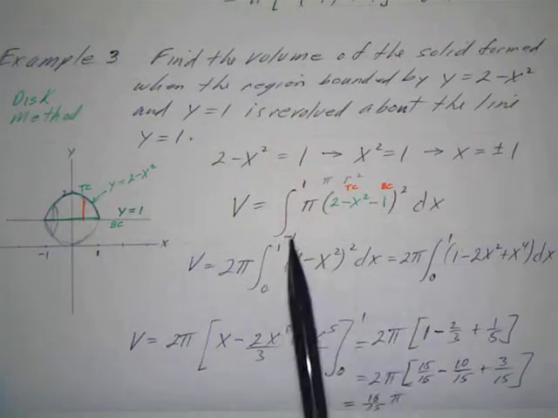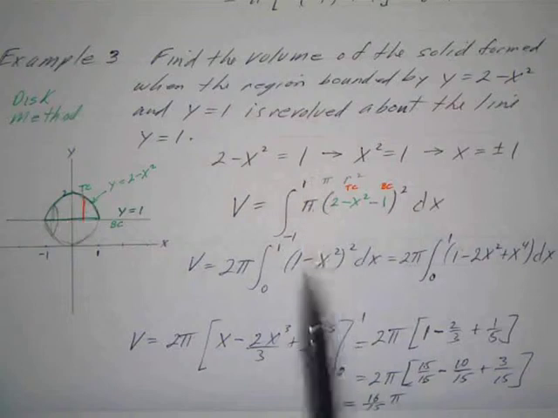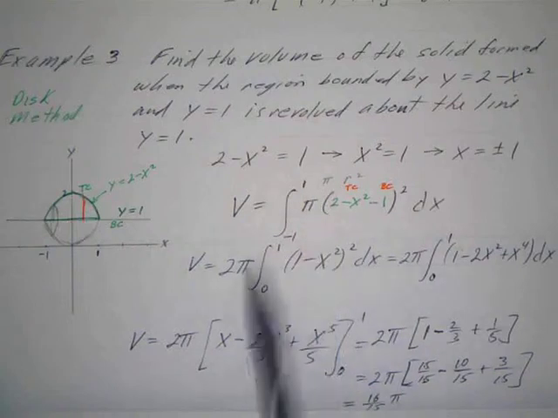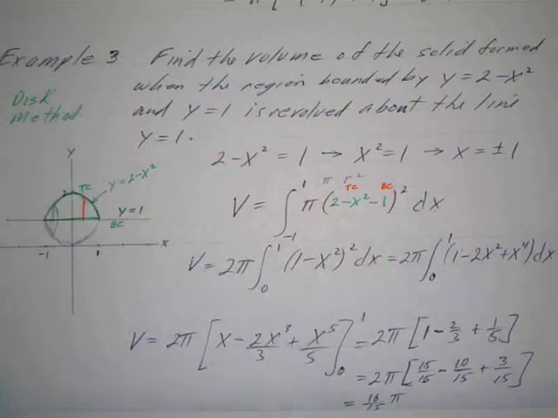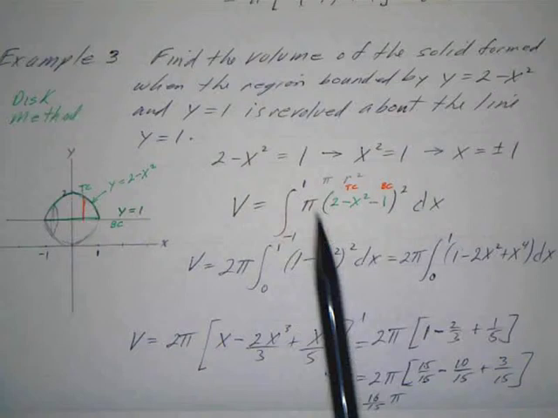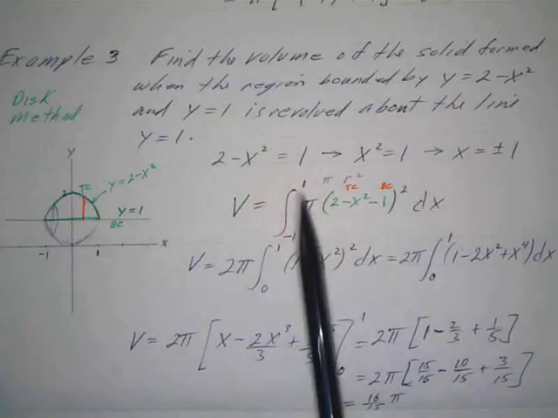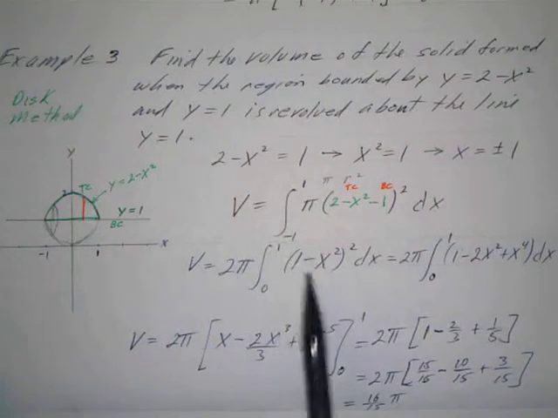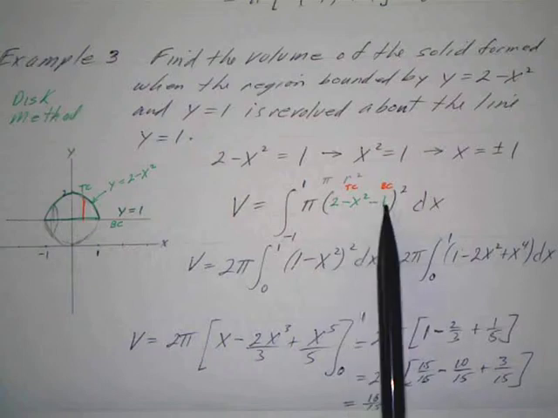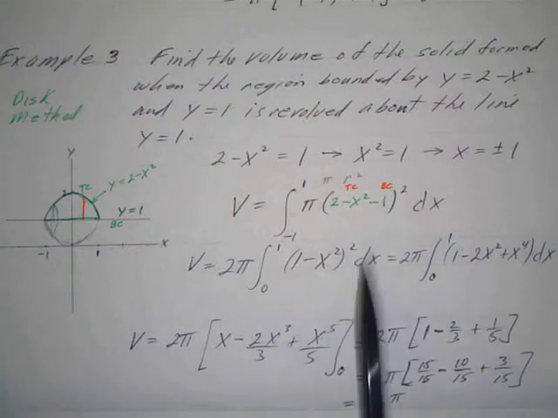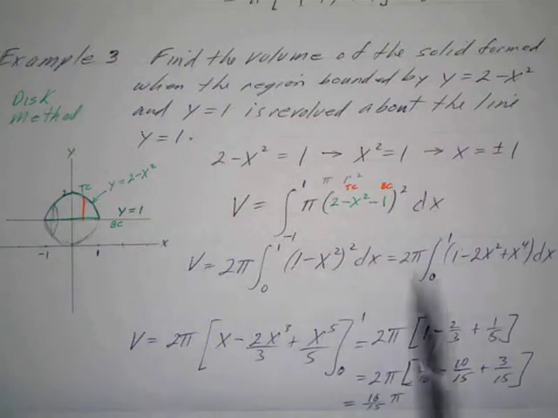Rather than integrating from -1 to 1, I took out the pi, but I can also just double it and go from 0 to 1. That's going to save me a lot of work because the zeros work out nicely many times. Then I have left 2 minus 1 is 1 minus x squared, squared. So this is my nice form of the integral.